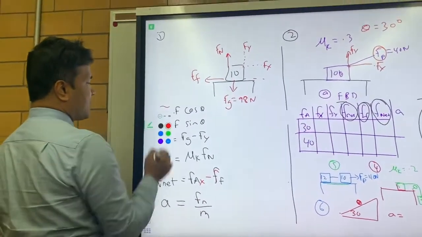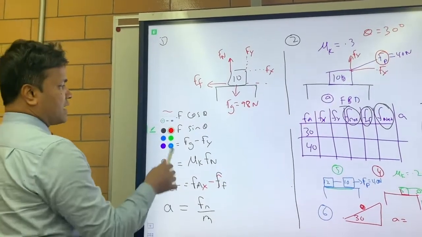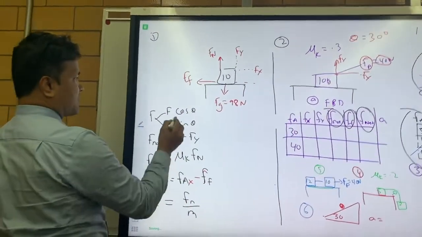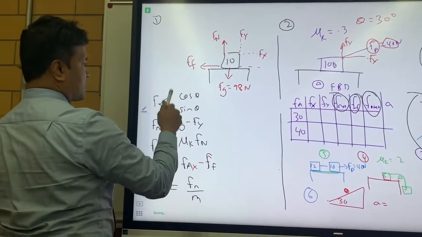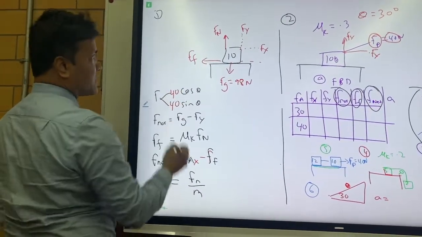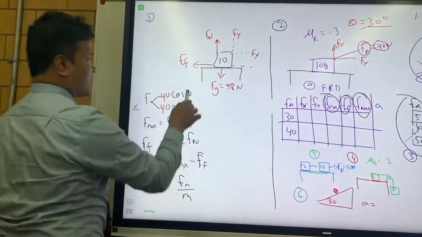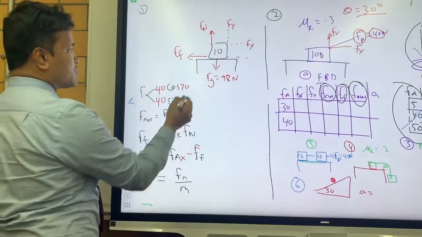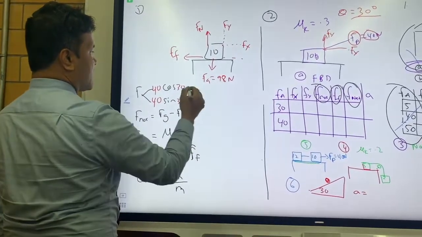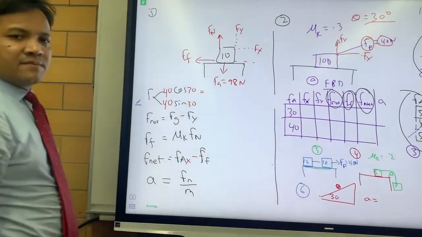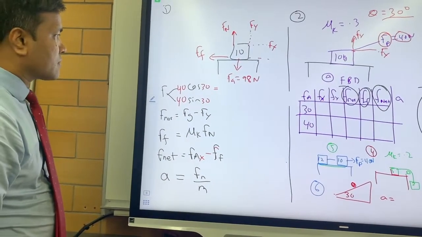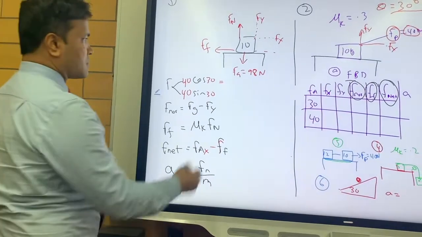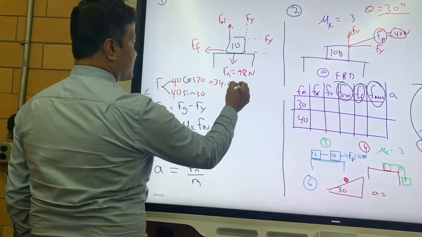Okay, now that I have the template, I'm going to write the force. Force is 40, so I'm going to write 40 over here. Theta is 30, so now I'm going to write 30 over here. Okay, so now what is cosine 30 times 40? 34.64.